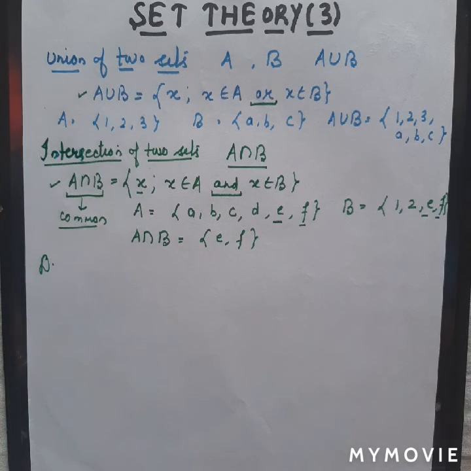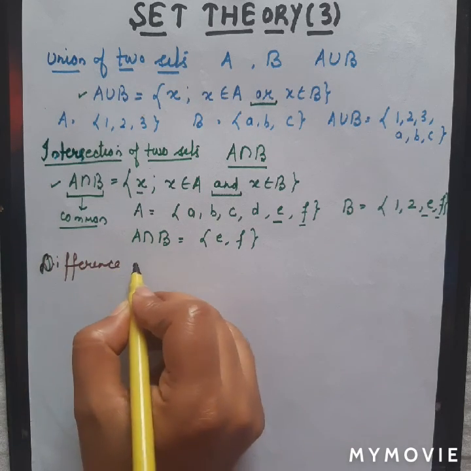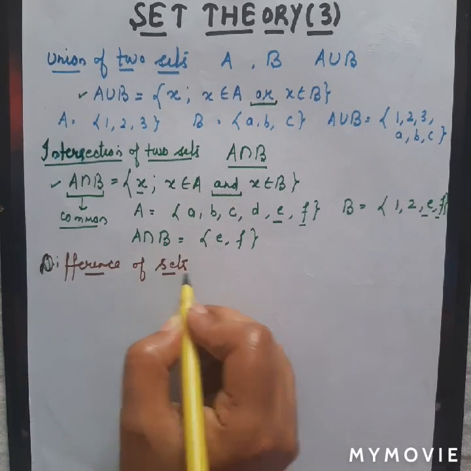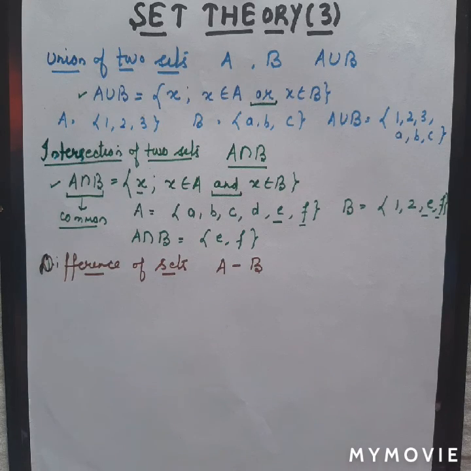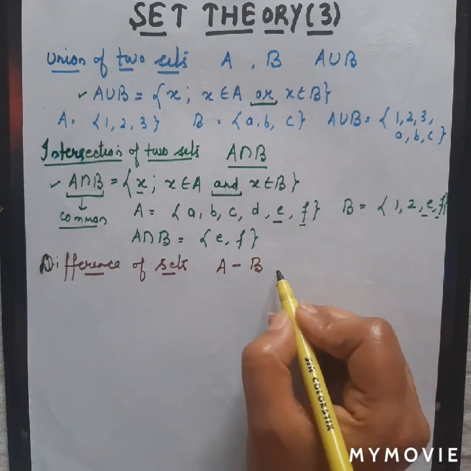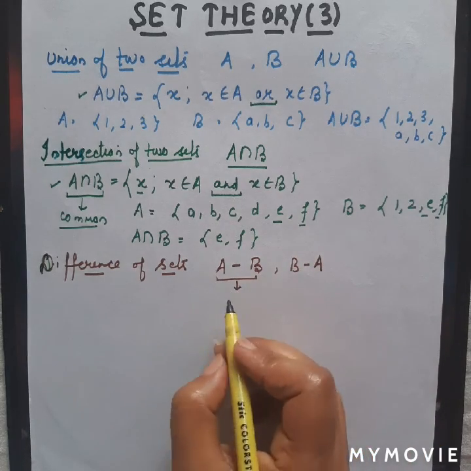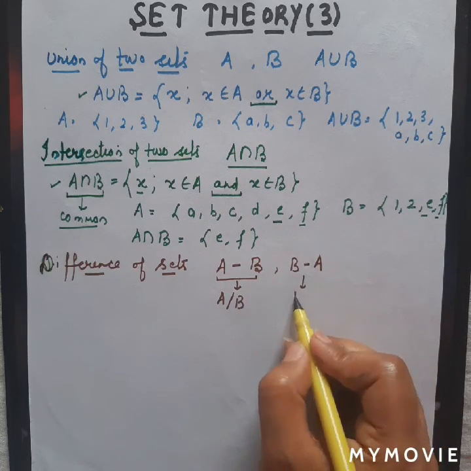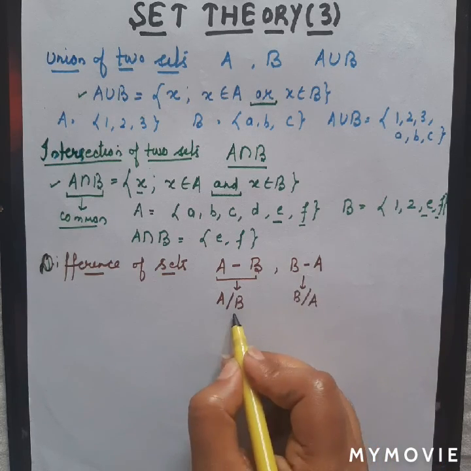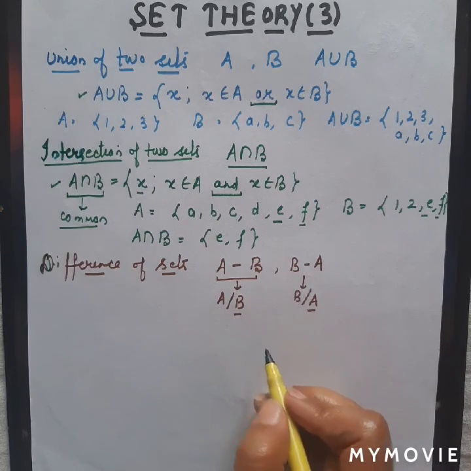And the next is difference of two sets. Let us take difference of two sets. A and B are two sets, and the difference of two sets will be represented with A minus B, or we can say B minus A, and A minus B can also be written as A by B, and B minus A can also be written as B by A. The term which is down means it is subtracted from the former.